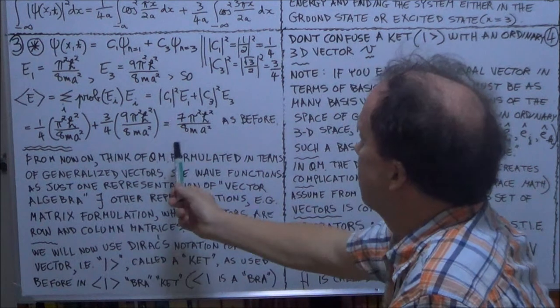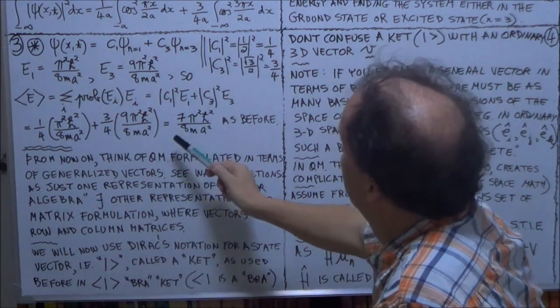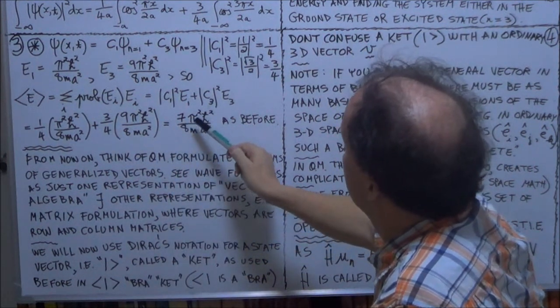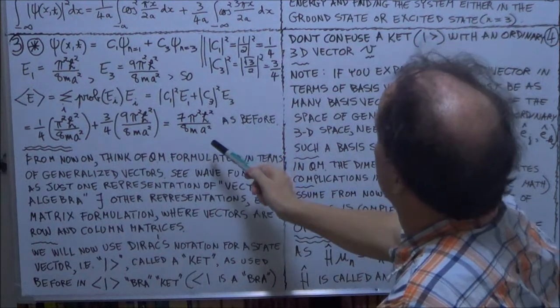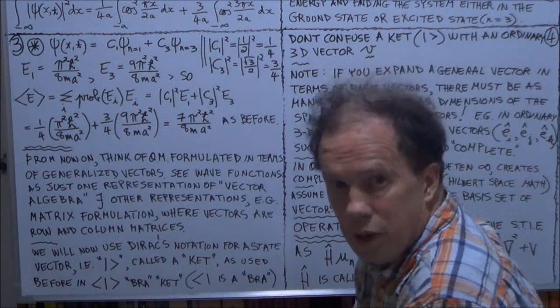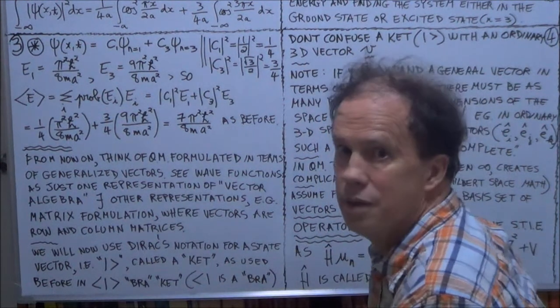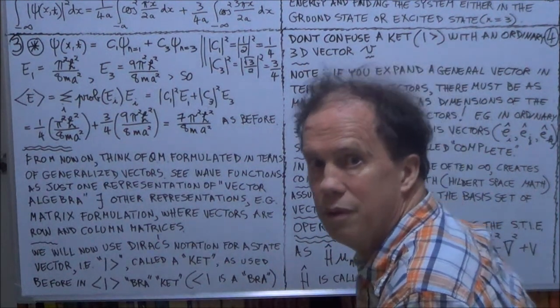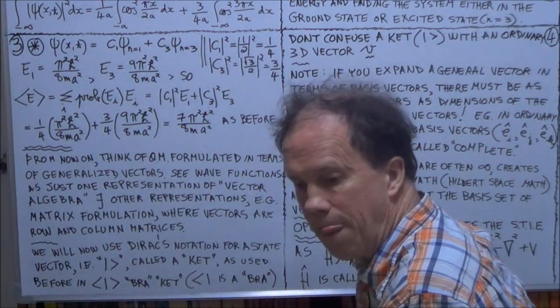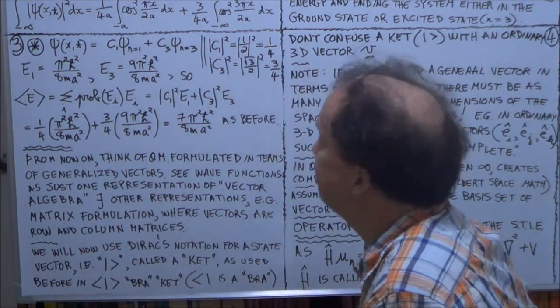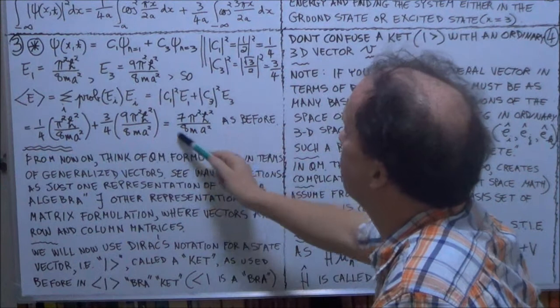That works out to be 7 pi squared h bar squared, which is what we got before in the previous session. I can see it, you can't, it's out of the range of the camera window, but that's what we got before.